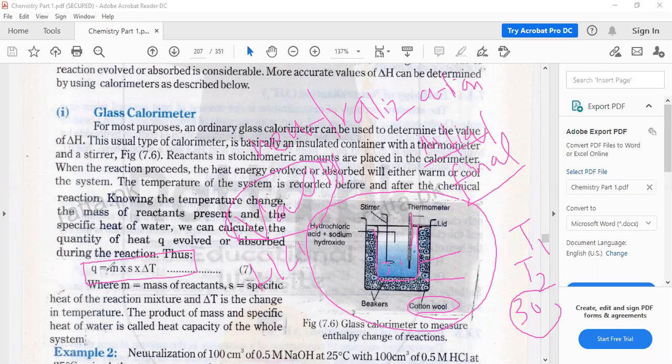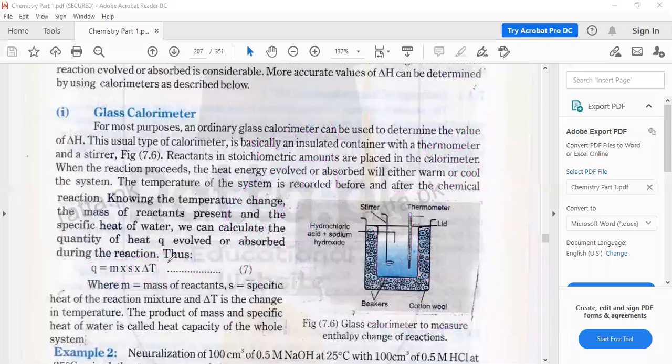The formula is mass multiplied by specific heat capacity multiplied by delta T. M represents mass, S is for specific heat capacity and delta T is for temperature change, initial and final.